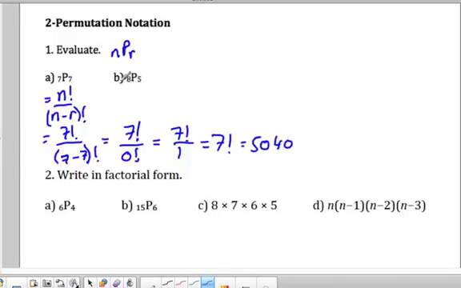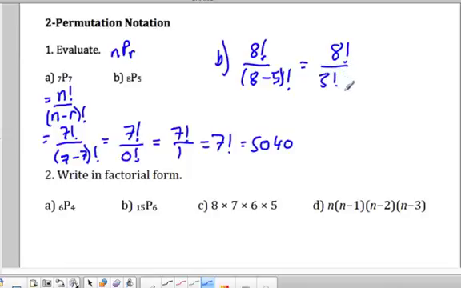Now the next one, if we have 8 items to choose from and we're going to pick 5, and we want to know how many ways we can do that if order is important, then this is going to be 8 factorial divided by 8 minus 5 factorial, which is equal to 8 factorial over 3 factorial. I'm going to go through how this works.